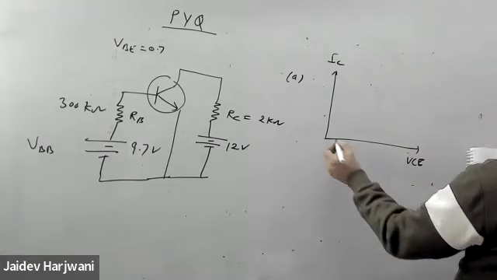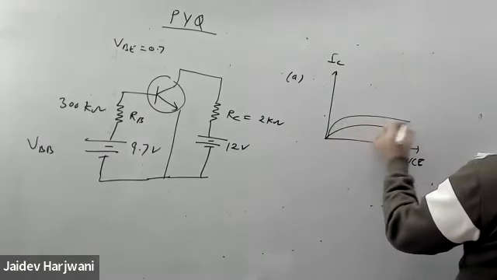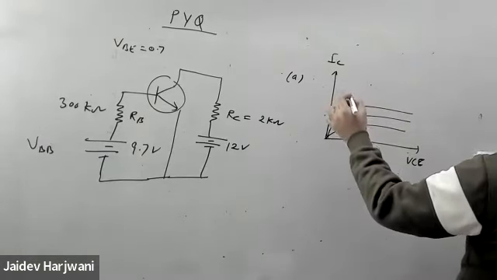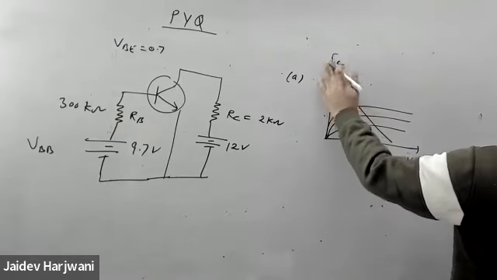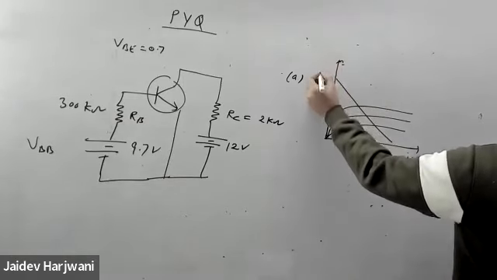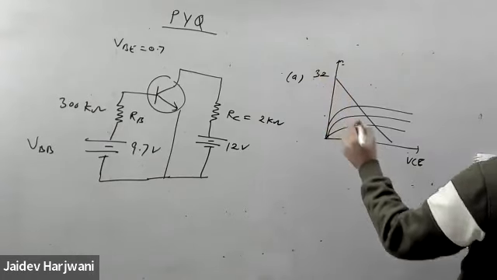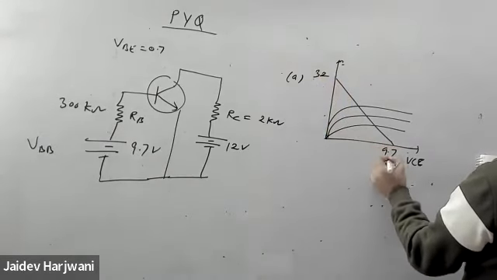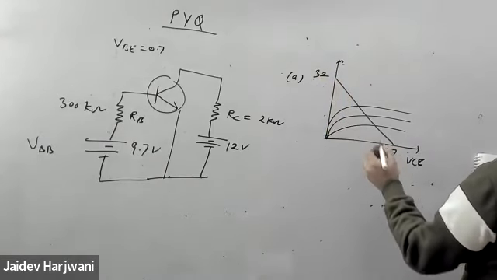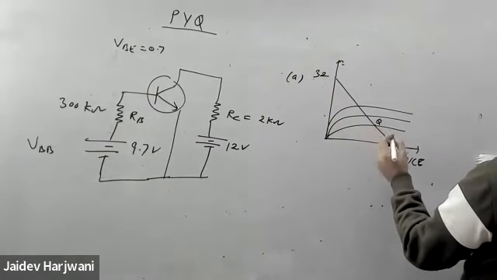Okay. So option A, they are giving this is 32, and this is giving here 9.7. Okay. And here they are saying this is my Q point.